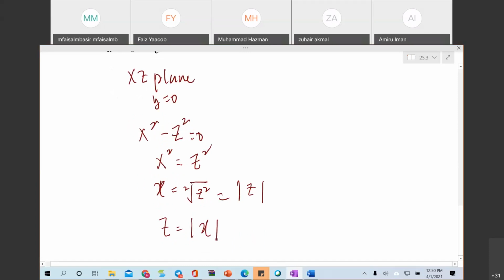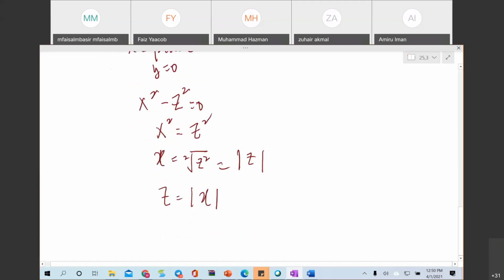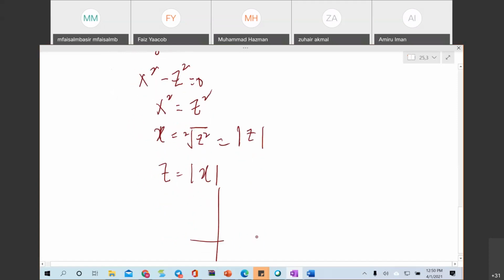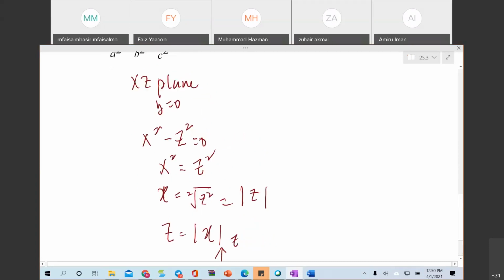We can choose. So this is z, x, because this is a straight line.